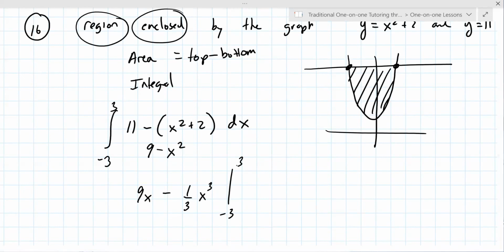That's 9 times 3, minus 3 cubed, 27 over 3.